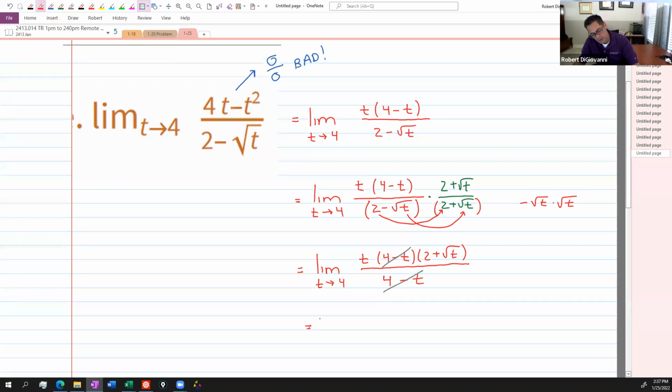So you get limit t approaches 4. The only thing left here is t times 2 plus root t. And now at this point, let t go to 4, so no more limit. 4 times 2 plus root 4. Root 4 is 2, so this is 4 times 2 plus 2, which is going to be 4 times 4 is 16.